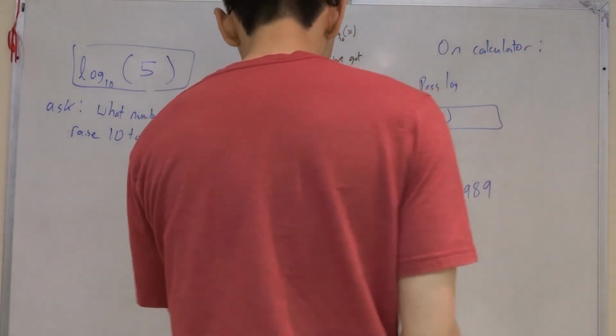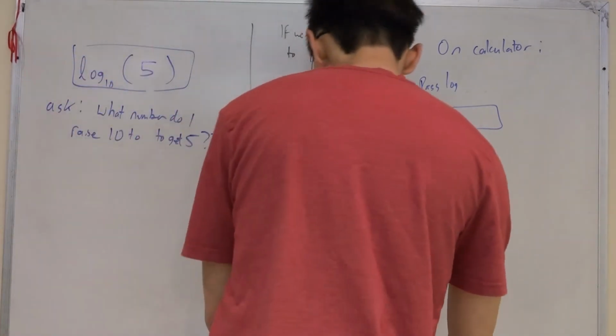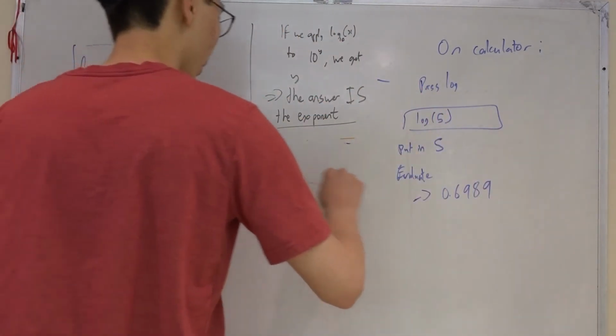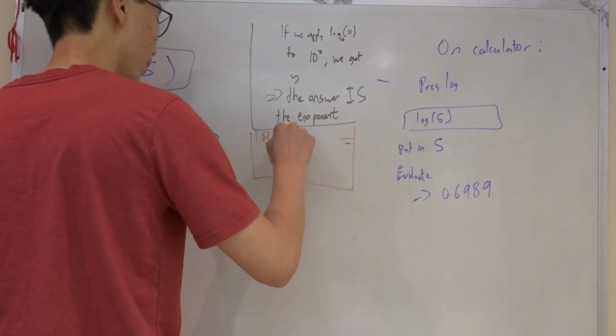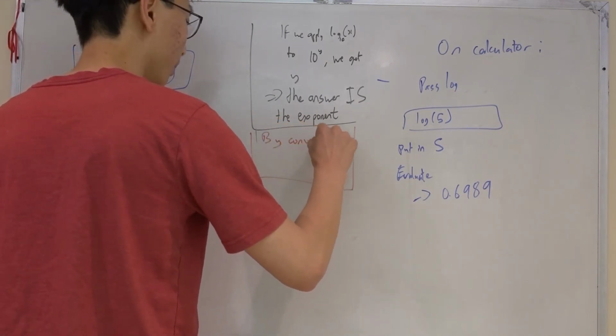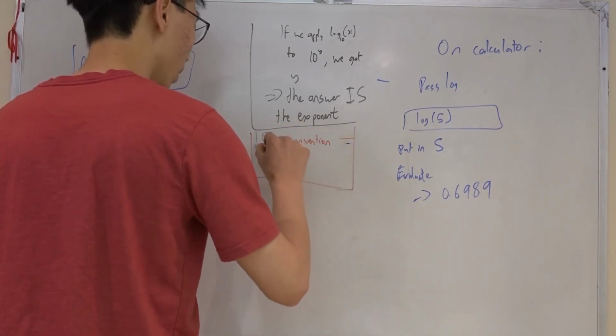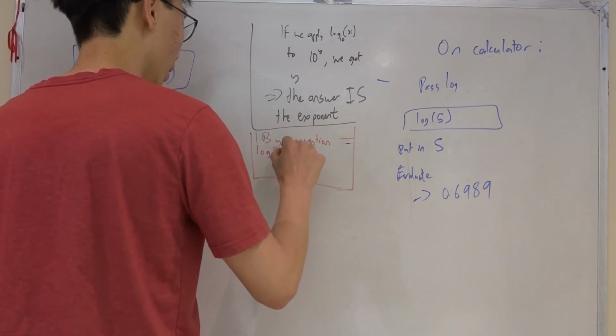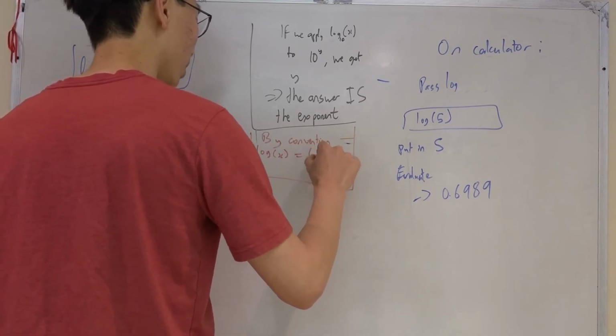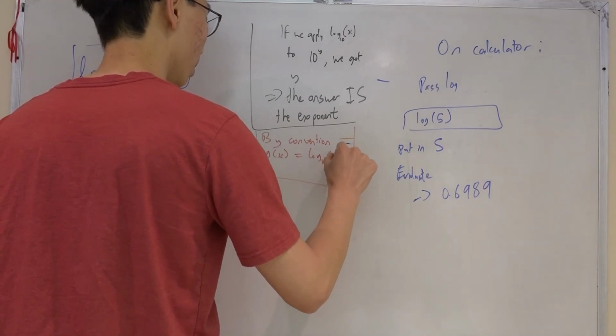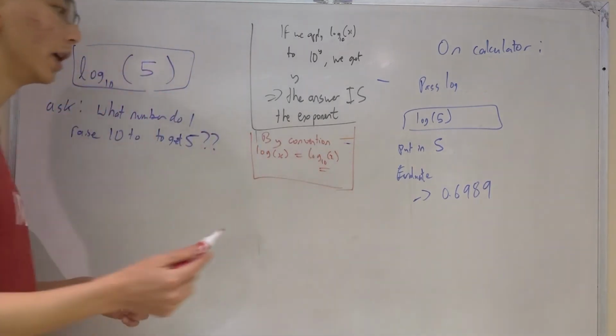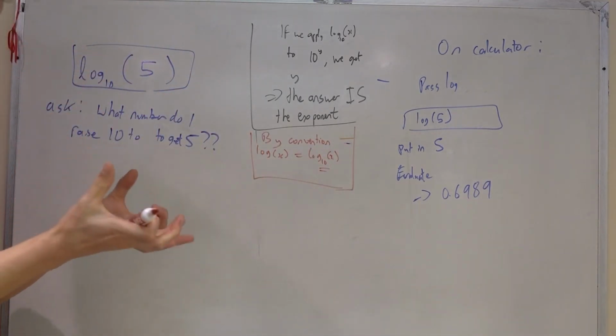Now the reason why this doesn't have a subscript like we did over here is that by convention, we'll just write that here. A little bit of a warning for you, it's a little confusing, I know. By convention, log of x is the same thing as log base 10 of x. So basically 10 is the basic logarithmic base.